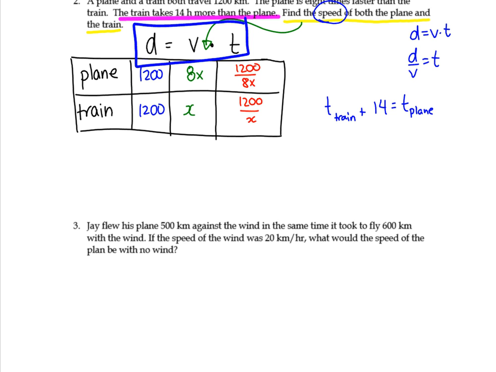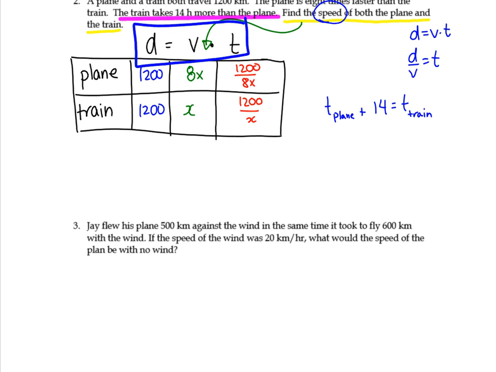Think about that. Who's taking more time? The train. So the train's time is already 14 more than the plane. Who's taking less time? Plane. So if we're making these equal to each other, it should actually be the plane's time plus 14, because the plane's quick, plus the 14 hours equals the train's time.